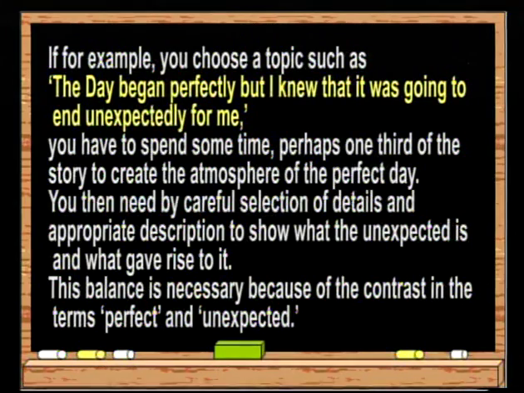You then need, by careful selection of details and appropriate description, to show what the unexpected is and what gave rise to it. The balance is necessary because of the contrast in the term perfect and the term unexpected.